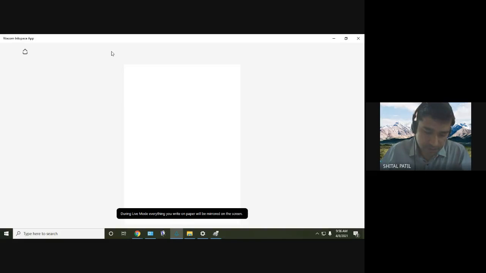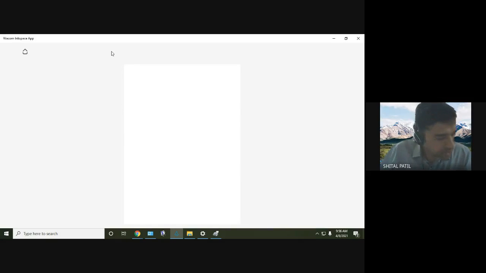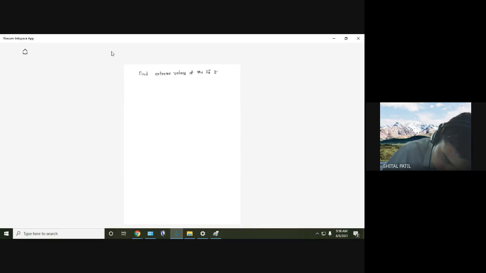Find extreme values of the function three x square minus y square plus x cube.